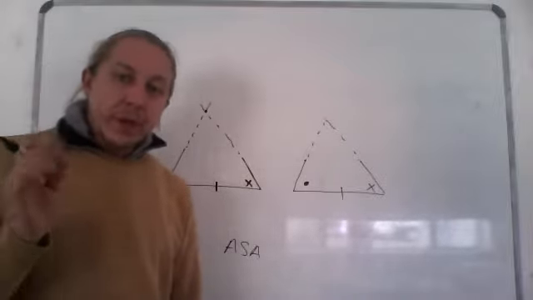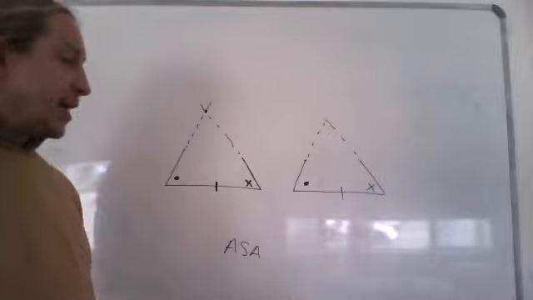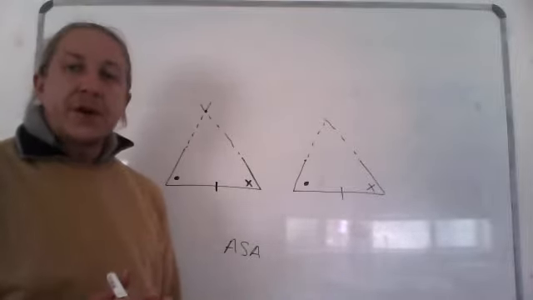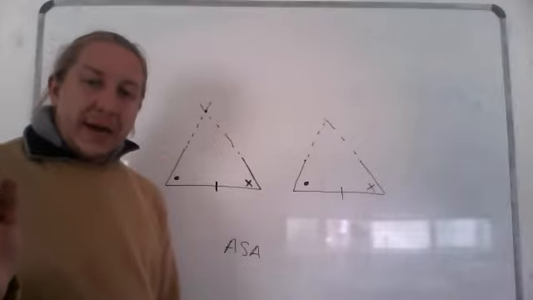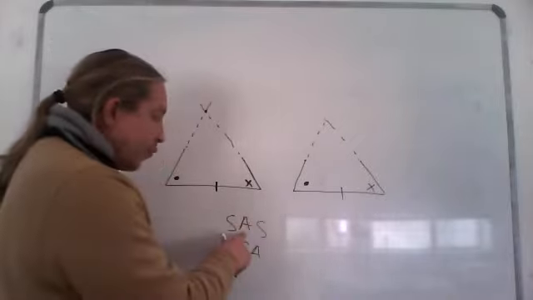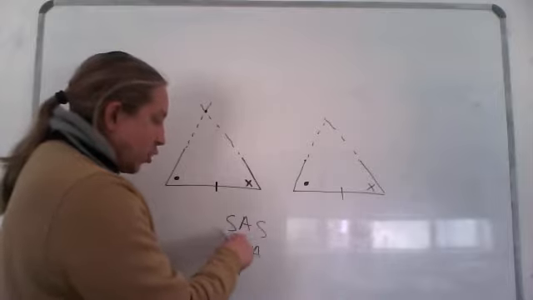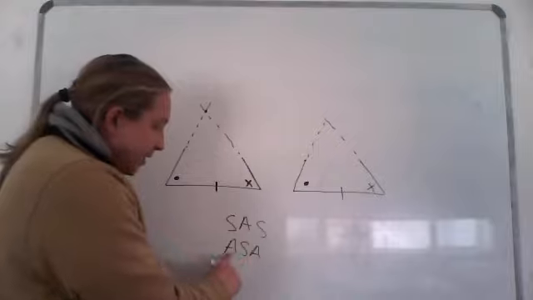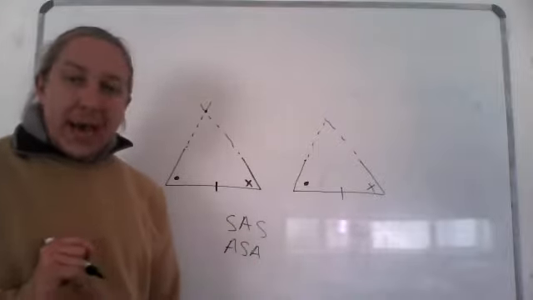Okay, so the most important part here is remembering what the four different conditions are, and they're very easy. It's side, side, side, or side, angle, side, with an angle being wedged between the two known sides, like we did before, or we have a side that's wedged between the two known angles.